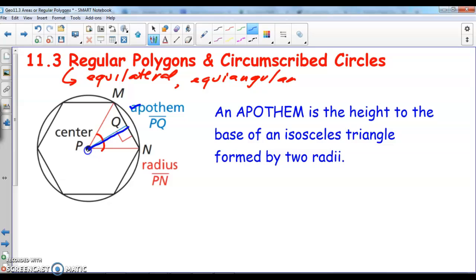So you can also have an apothem here. You can make a better version on your paper. So this should be perpendicular at the midpoint, right? Because these triangles should be congruent triangles.